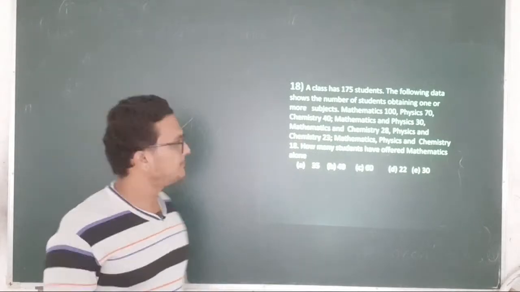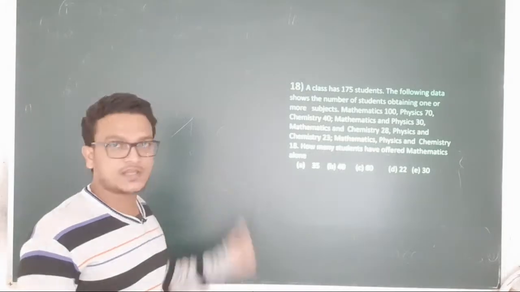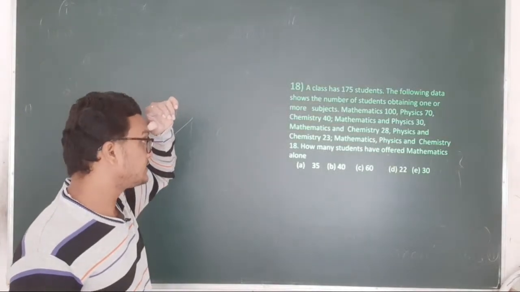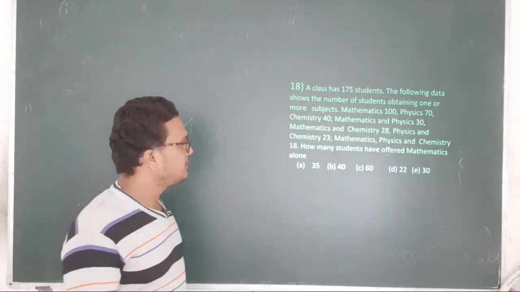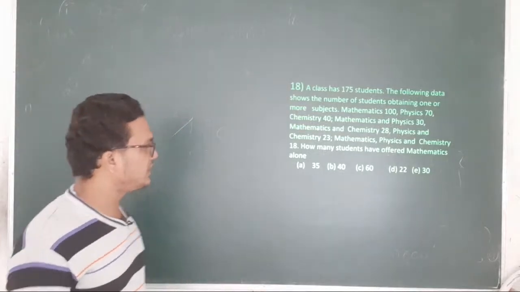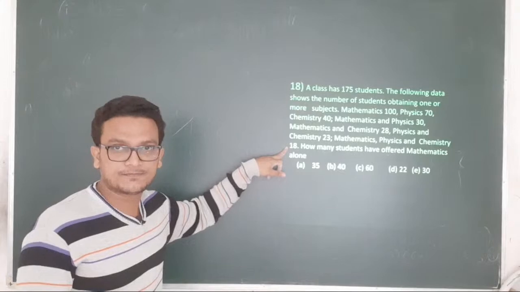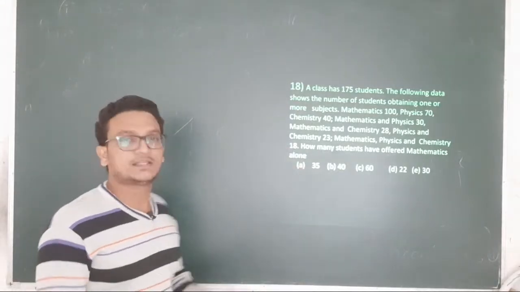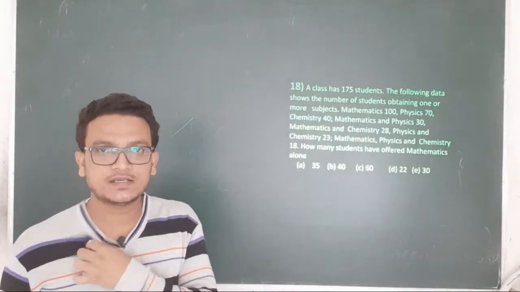Mathematics 100, Physics 70, Chemistry 40, Mathematics and Physics 30, Mathematics and Chemistry 28, Physics and Chemistry 23, Mathematics, Physics and Chemistry 18. Then how many students have offered mathematics alone?